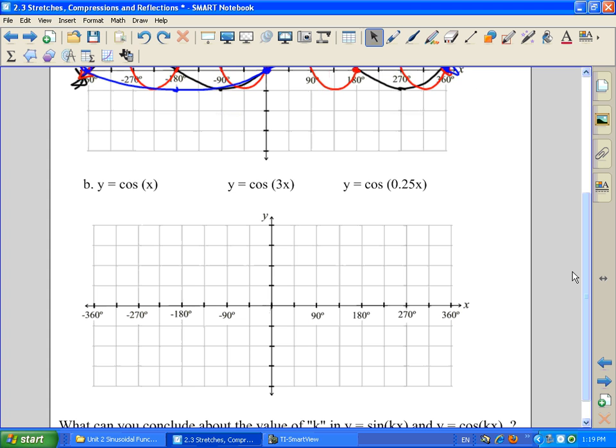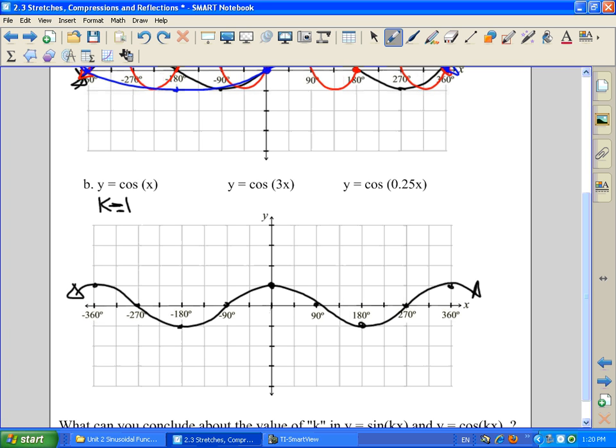Okay, so let's remember our cosine curve regularly where k equals 1. Those are nice because you start at its max, go to its axis, min, axis, max. Okay, so let's draw a smooth curve. Put your arrows on. All right, so if we know k equals 1, that's nice.